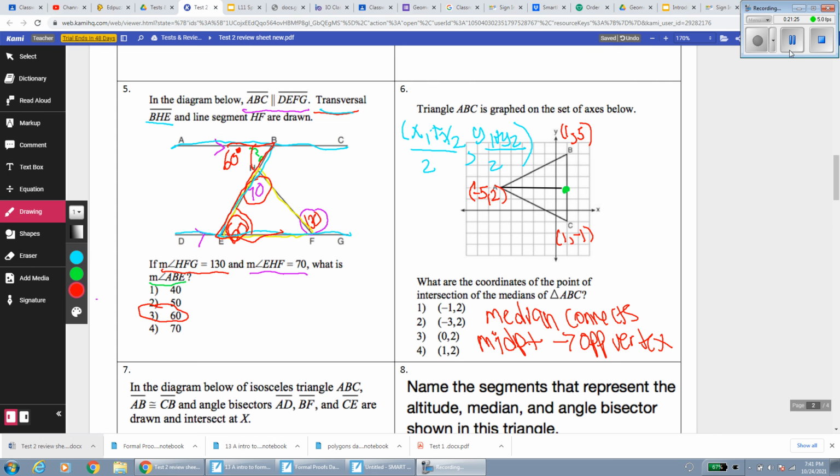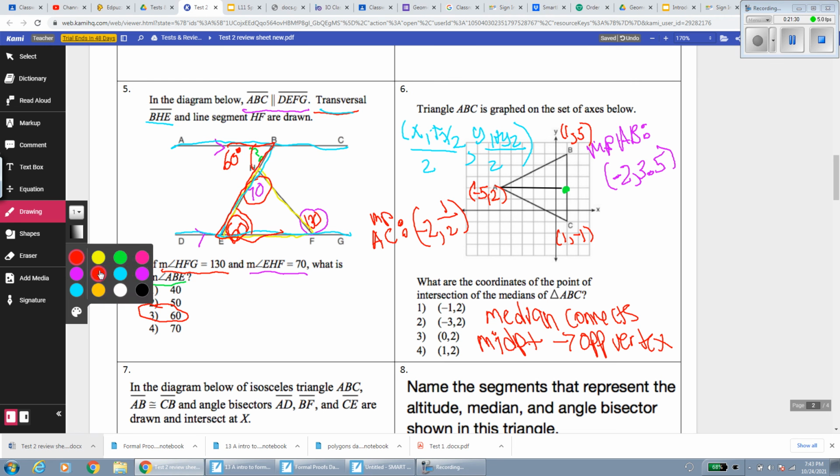Okay, so I calculated the midpoints of the other two line segments. For the midpoint of AC, using points A and C in the midpoint formula, I got the point -2, 1/2. So let me plot that. -2, 1/2 would be halfway in between 0 and 1 on the y-axis.